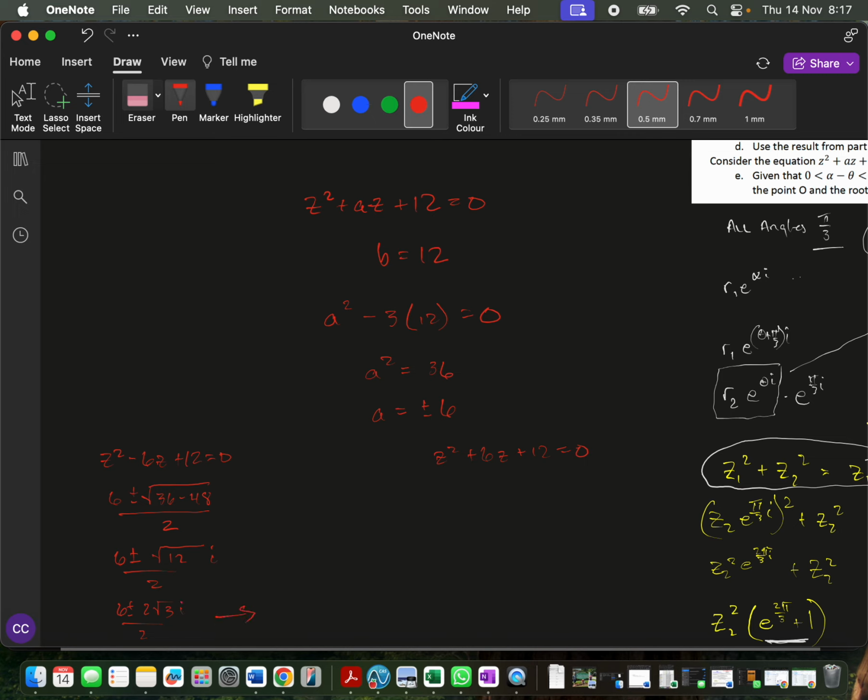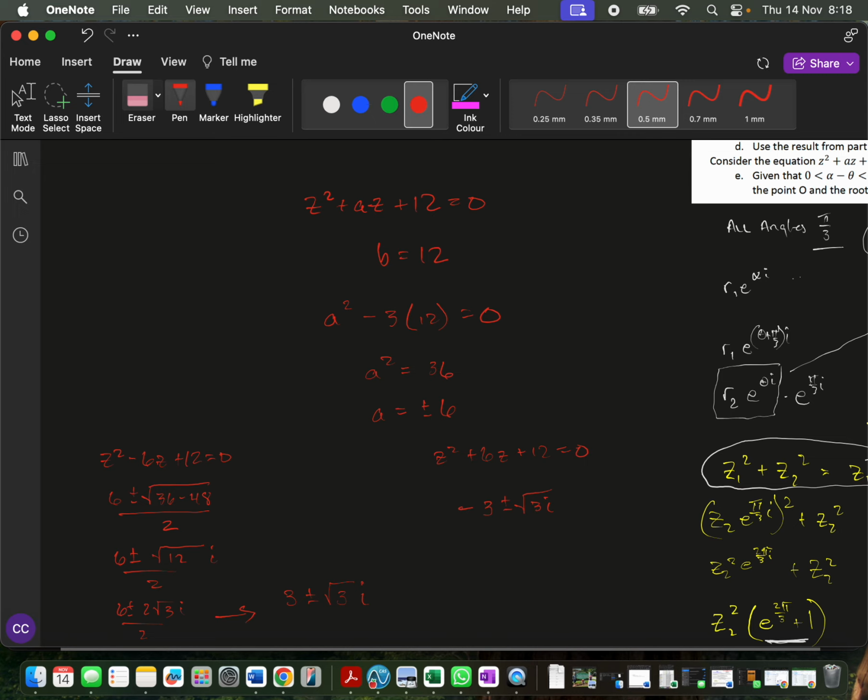Simplifying that, I would get 3 plus or minus the square root of 3 i. And if I did the same with the other one, it would turn into negative 3 plus or minus the square root of 3 i. So those are the two possible solutions.